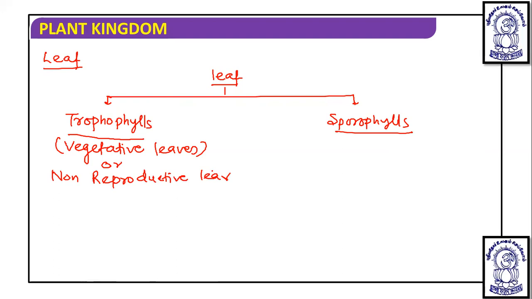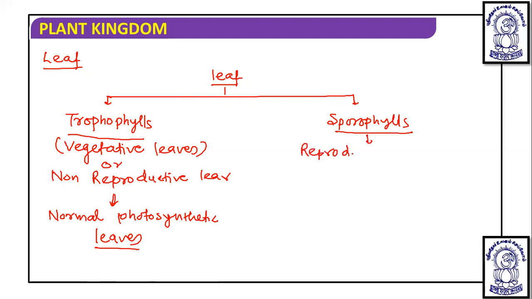So they are not able to produce spores. So these are normal photosynthetic leaves.